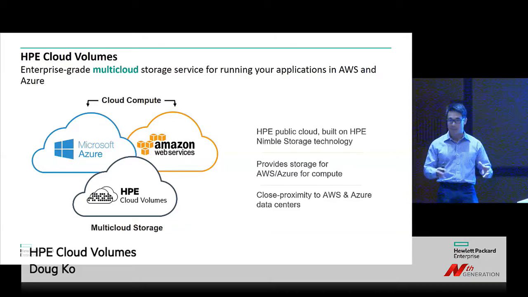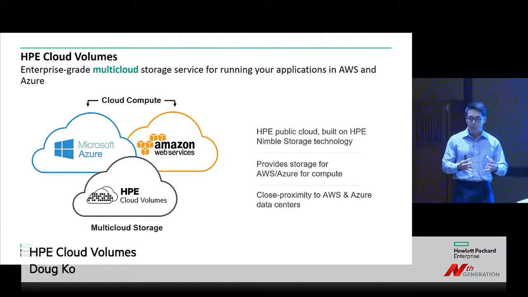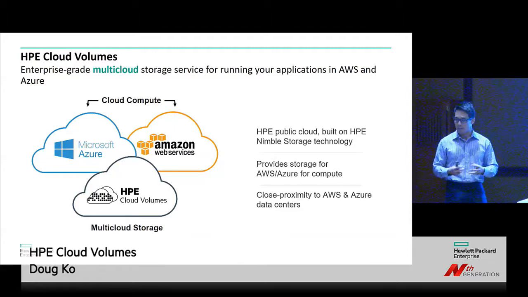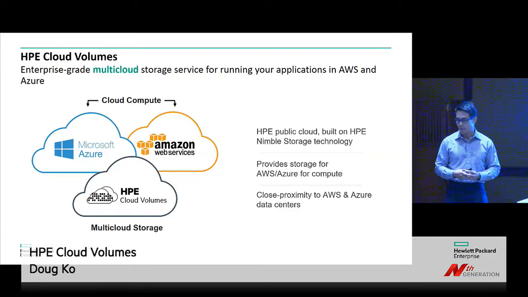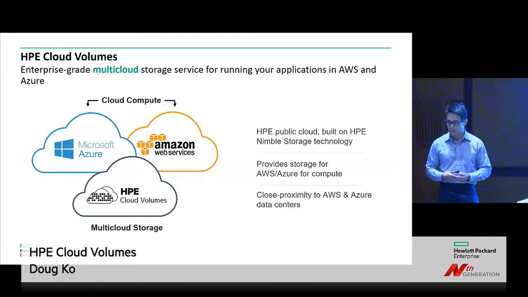So it is a public cloud service built on the HPE Nimble technology, hardware, software, and cloud services APIs. We provide the cloud storage, and we enable AWS and Azure to continue providing the compute or the VM instances in the cloud.